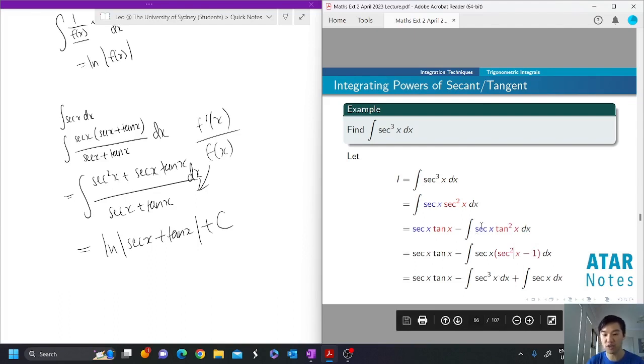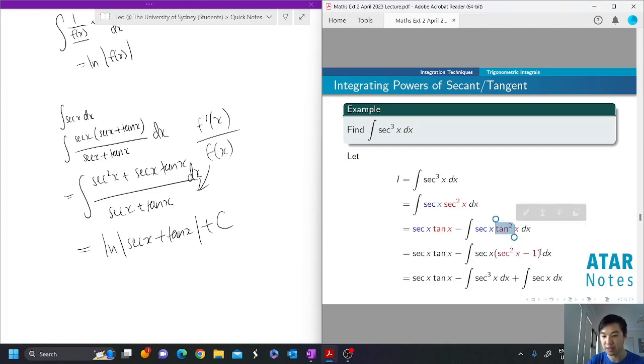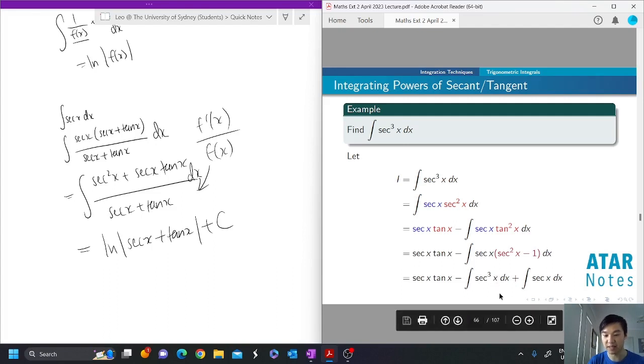So then once you get this integral, you can change this in terms of sec. And what actually happens is you end up getting this sec cubed x again.